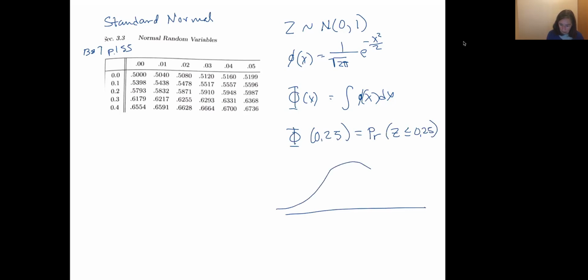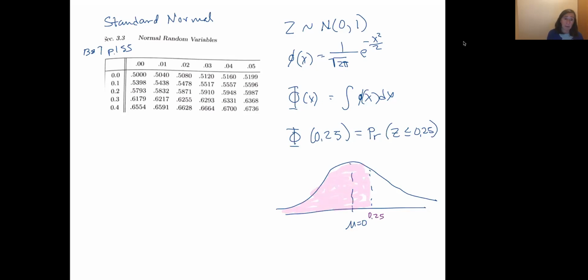So drawing that, there's the standard normal here, and the mean here is at the highest point, the mean is 0, and we're asking what's the probability that z is less than 0.25, and that would be this whole area, everything under the curve to the left of 0.25.